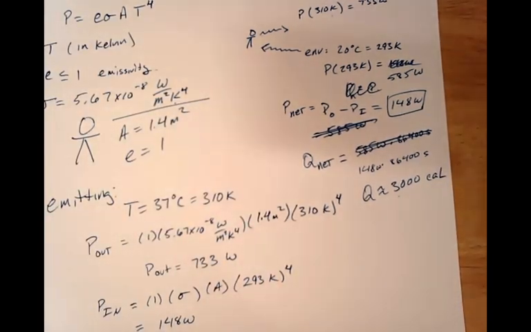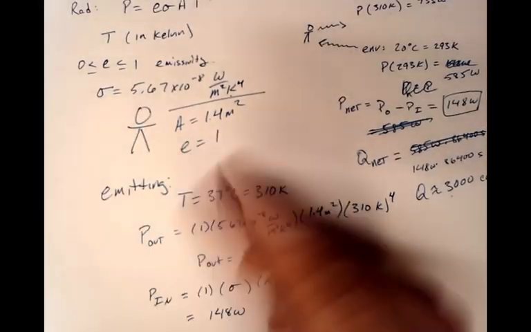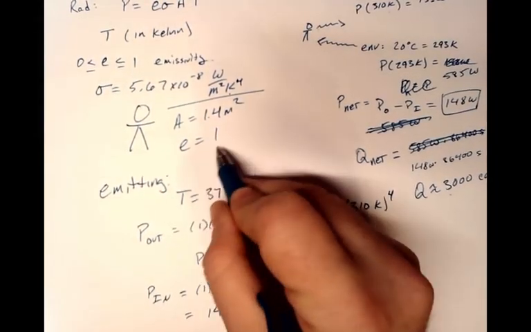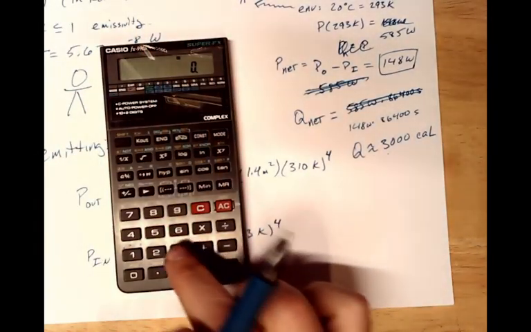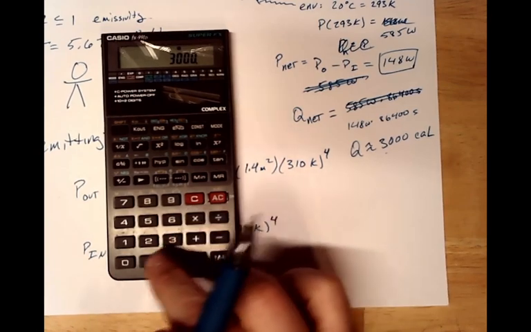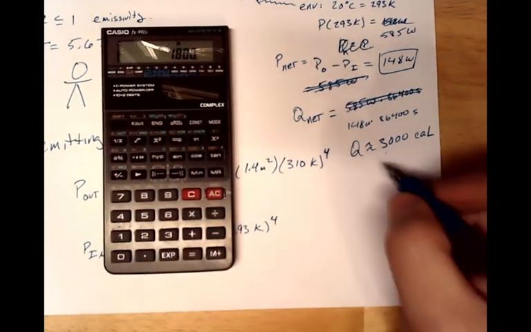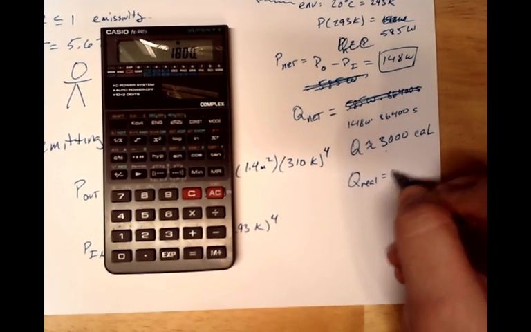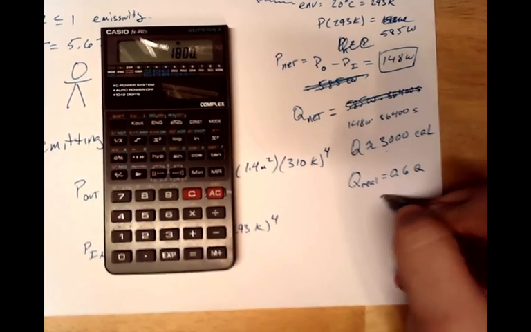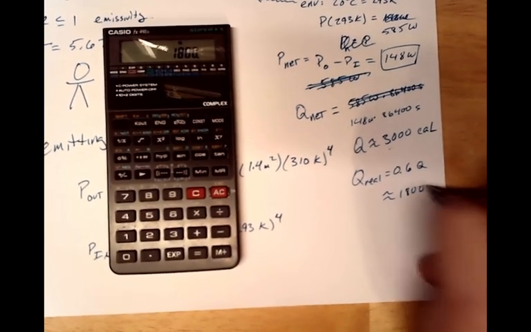They're not true. One is we took this e equals 1. So if we actually take it to be like 0.6, then that's about 1,800 calories.